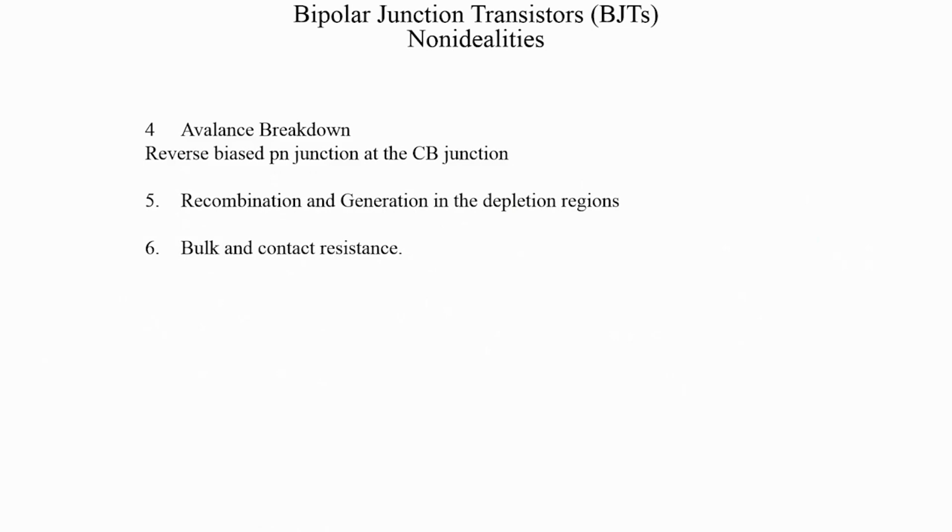And finally, the last 3 points, which are the avalanche breakdown in the reverse bias PN junction at the collector base junction, the recombination and generation in the depletion region, and the bulk and contact resistance, were already discussed in the case of PN junctions, and they are the same ideas here. If you look at the collector base junction, in the case of a PNP, you have a heavy reverse bias, you have a large field.